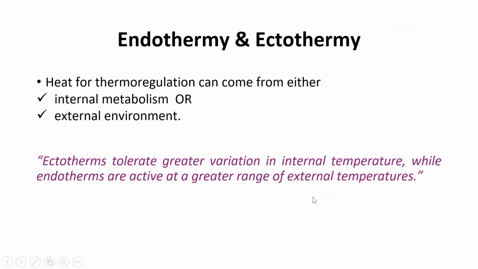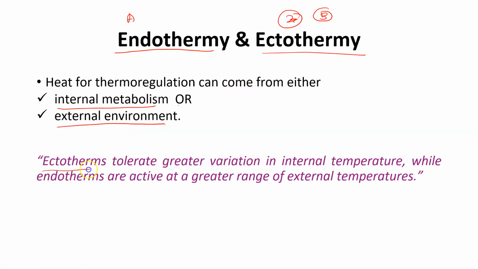Okay, so under thermoregulation, we are going to look at these two terms, endothermy and ectothermy. Okay, so it says here, heat for thermoregulation can come from either internal metabolism or the external environment.